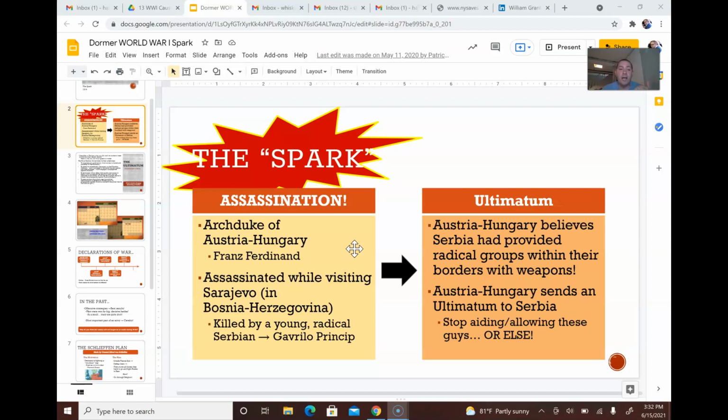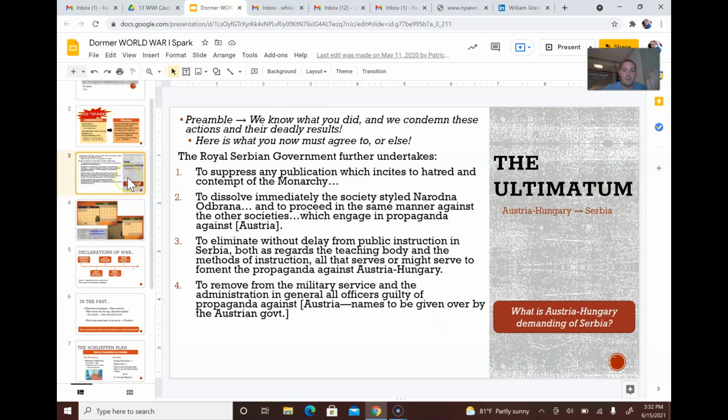Austria-Hungary, in the middle of July, so a couple weeks later, sends an ultimatum to Serbia and says, well, here's the ultimatum, right? It says a couple of things. Basically, if you don't do these four things, we are going to declare war.